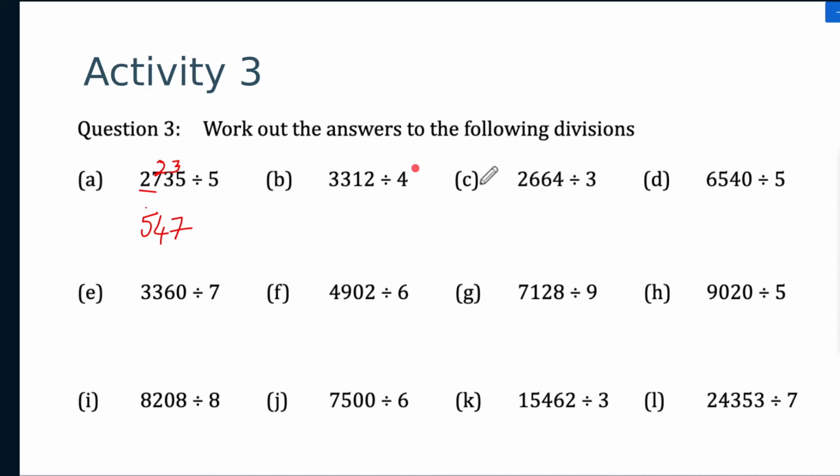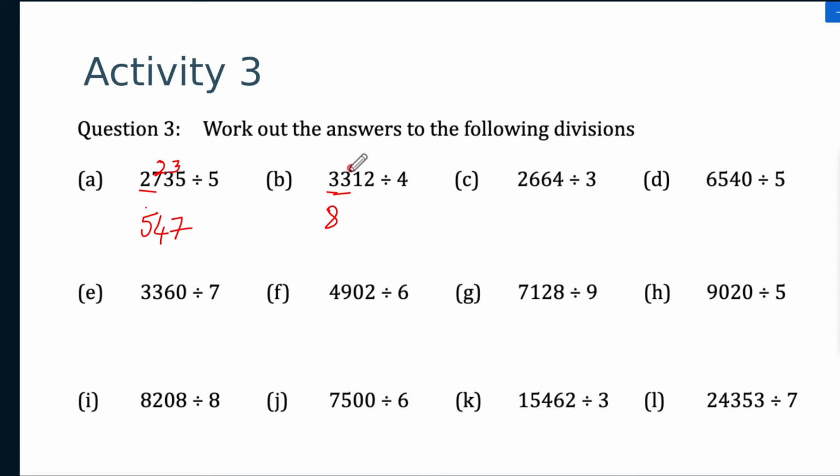I'll do one more example and then you can carry on with the rest. 4 doesn't go into 3, so we're going to look at 33. 4 goes into 33 8 times. 4 times 8 is 32.